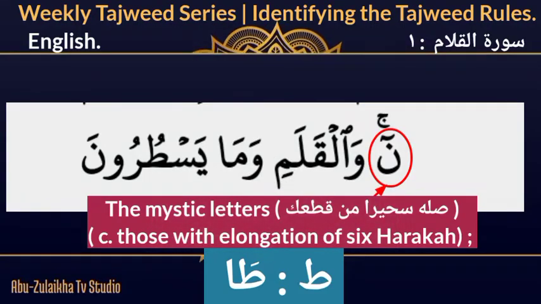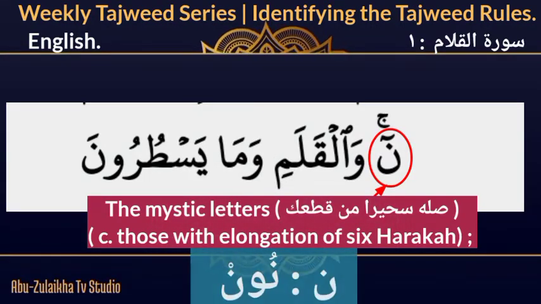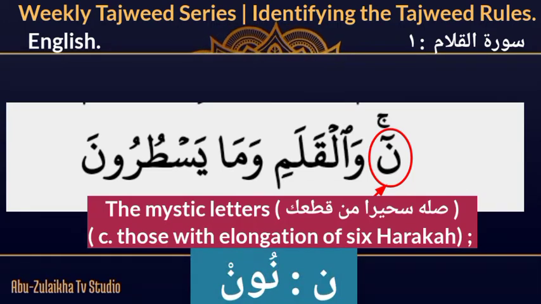So let's move further. What of the last letter I made mention of, that is letter noon? So let's now spell letter noon and see if it obeys all the options that I listed earlier. So letter noon is spelled as nun damma nu waw madd nun sukoon, right? So the first option said it should comprise three letters, right?